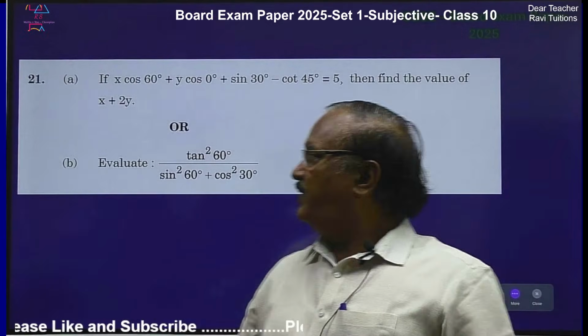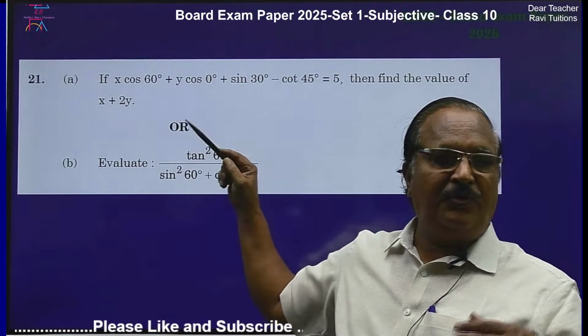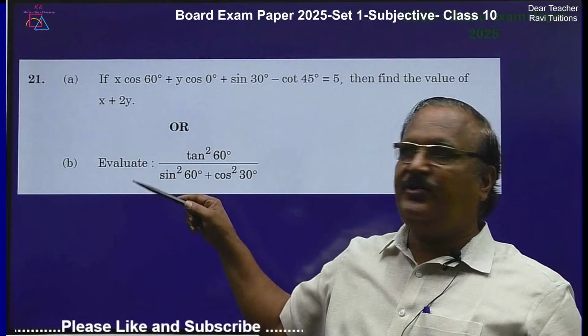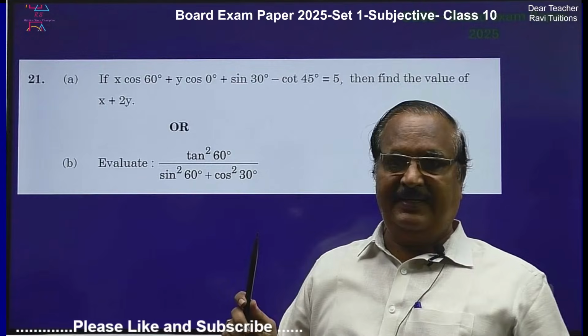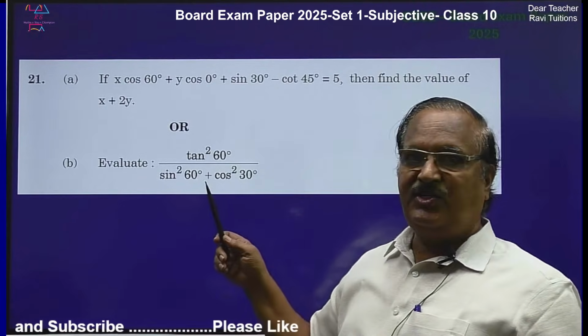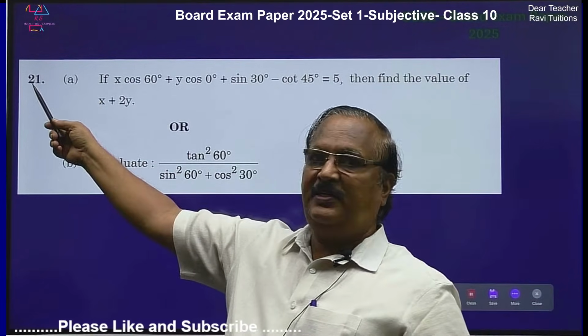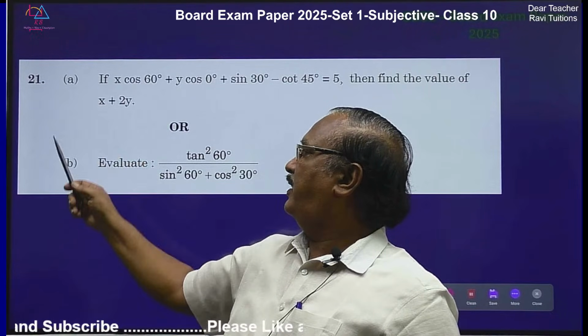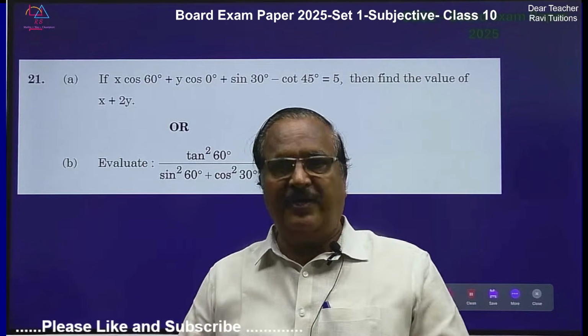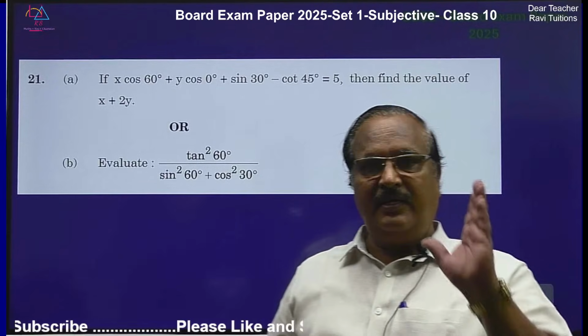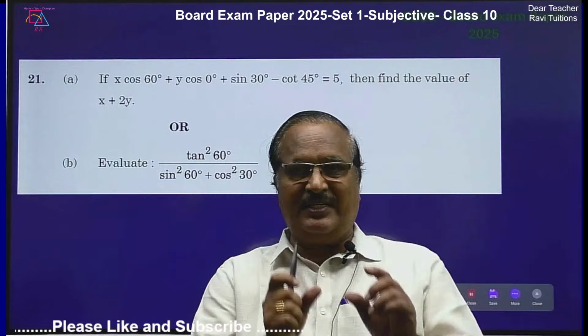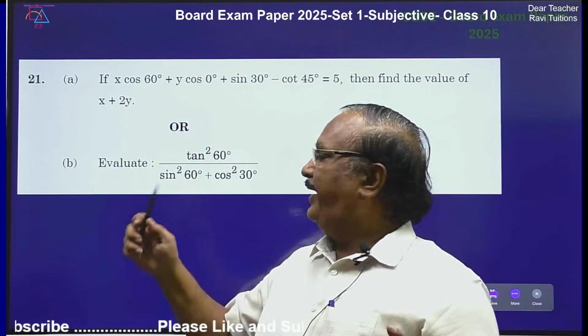Now internal choice is there. You don't need to do both the things. You have to do only one thing. This is called internal choice. 21st question: either you can do A or you can do B. When you are doing A or B, in the answer sheet you should mention it clearly, 21A, like that.